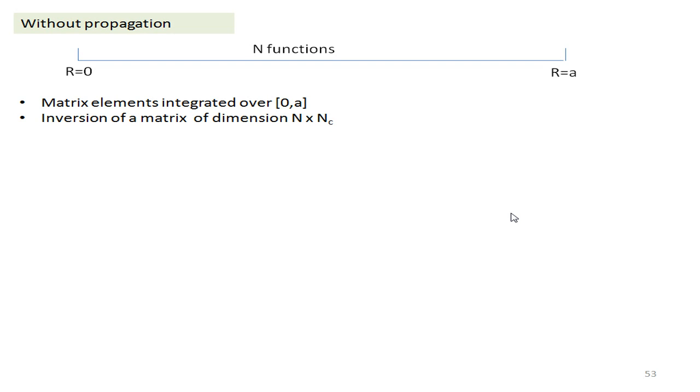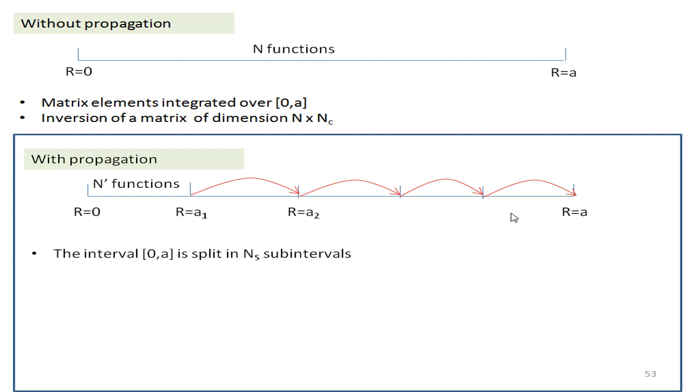And the idea of the propagation is to avoid these large calculations by splitting your interval. So your interval 0 to a is split in some intervals. So I call here ns. And in each, because each interval is smaller, it's of course smaller than the initial interval, then you need fewer basis functions.